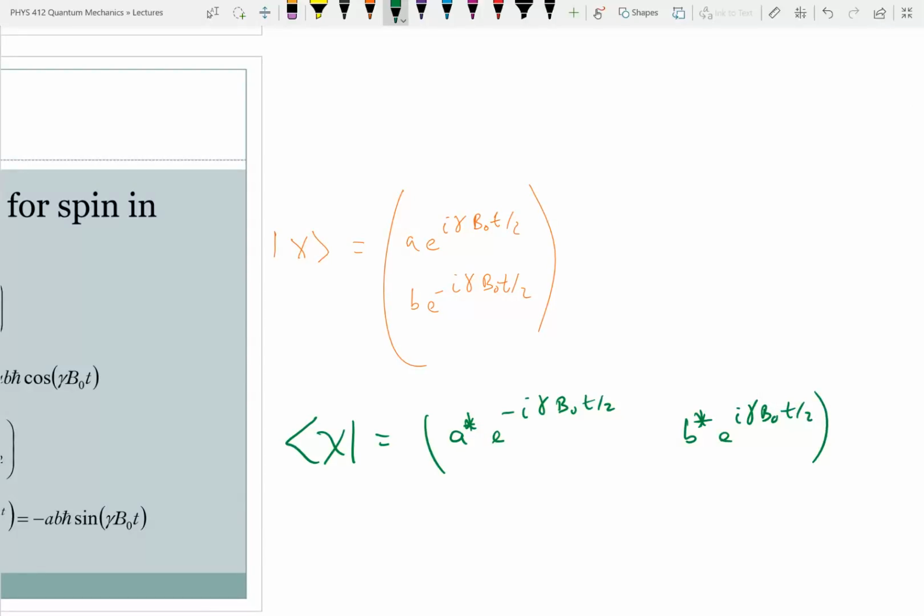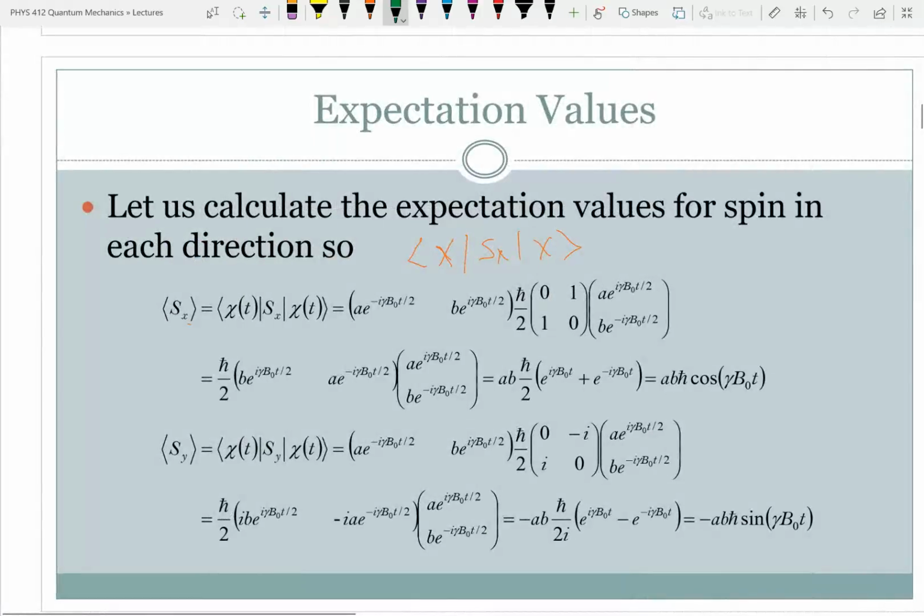Now I said technically because we probably would have chosen A and B to be real, but we didn't have to. So you notice in my work I did choose them to be real. So this here is the chi star, or the bra for chi.